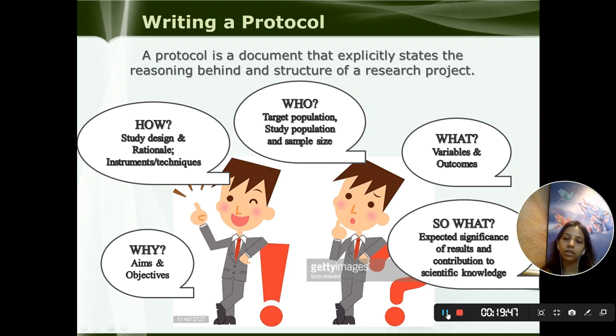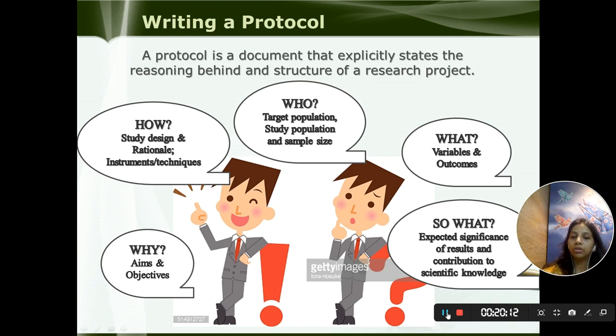If you feel that the budget of your project is not too high, you cannot conduct the study on the entire population, then you have to consider a smaller group. So the entire population of these 550-600 students is your target population. So the results which you get while conducting the study on your study population will be extrapolated or generalized to your target population.